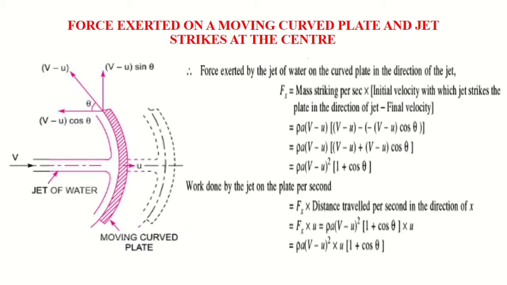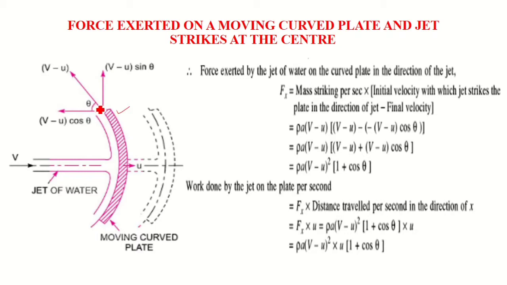Now we are discussing another case of impact of jet, that is, the force exerted on a moving curved plate where the jet strikes at the center. After striking the curved plate, it leaves the plate at an angle of theta degree, that is the exit angle of the plate.